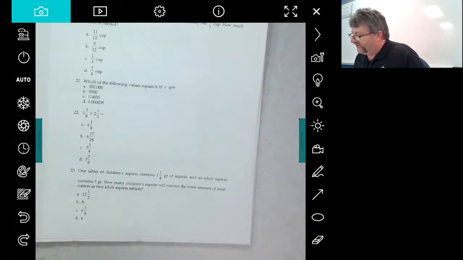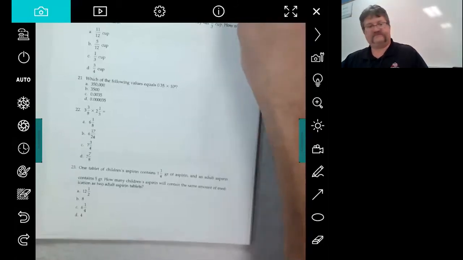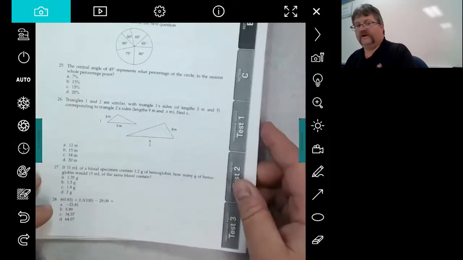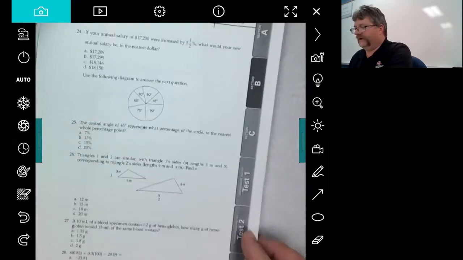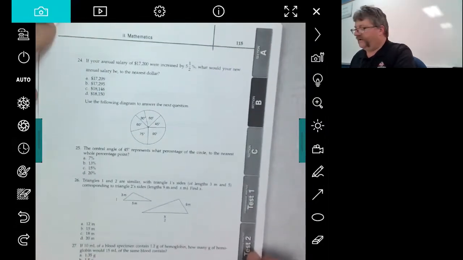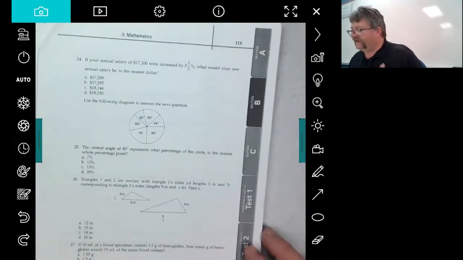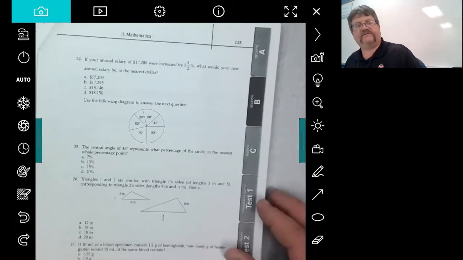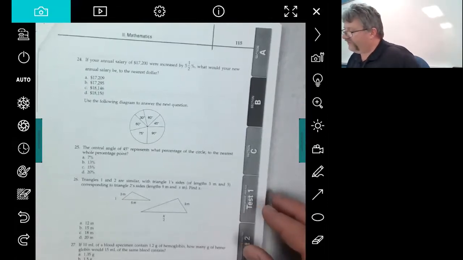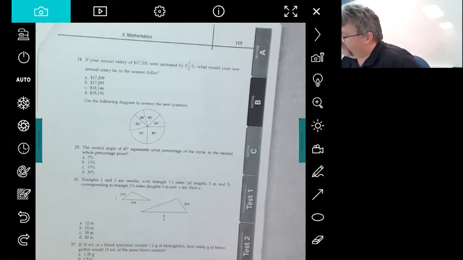How many children's aspirins will contain the same amount of medication as 2 adult aspirin tablets? 24, if your annual salary of $17,200 were increased by 5.5%, what would your new annual salary be to the nearest dollar?